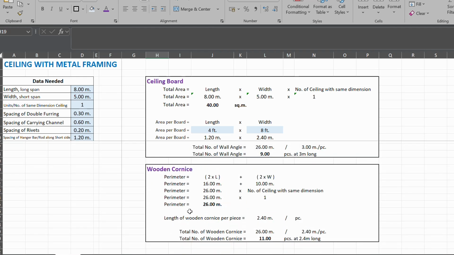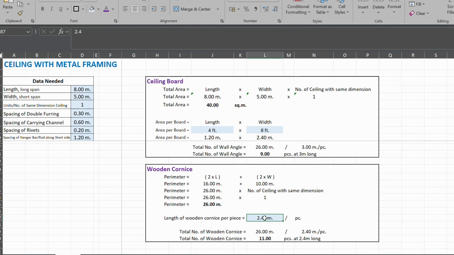For this example, it's just a simple ceiling. So, just the perimeter again. So, 26 times number of ceiling with the same dimension, for example, is 1. So, multiply 26 perimeter. Total length of cornice is just cornice per piece, for example, 2.4 or anumang available dyan sa inyo per piece.